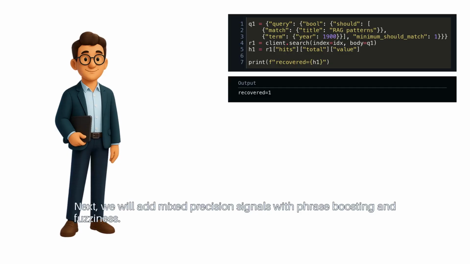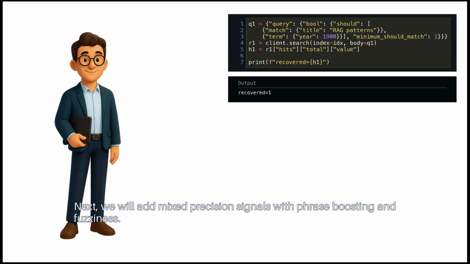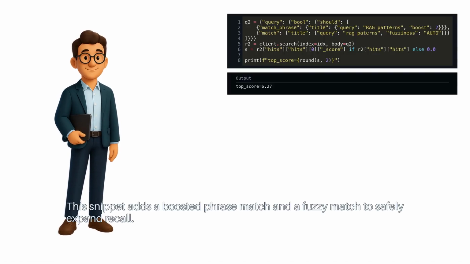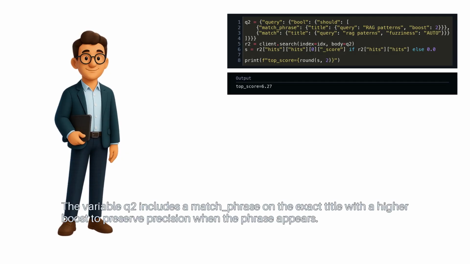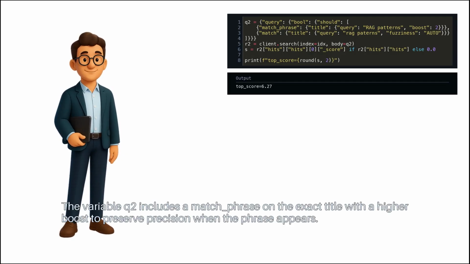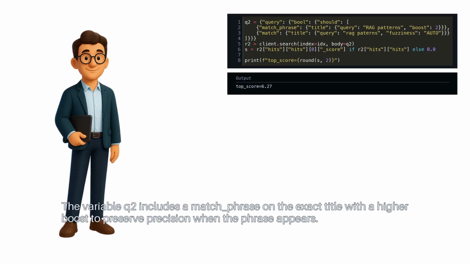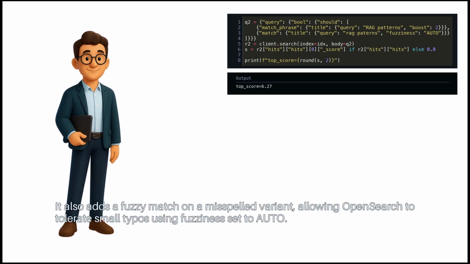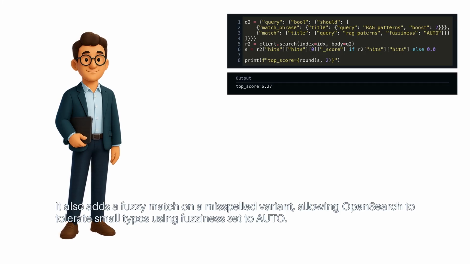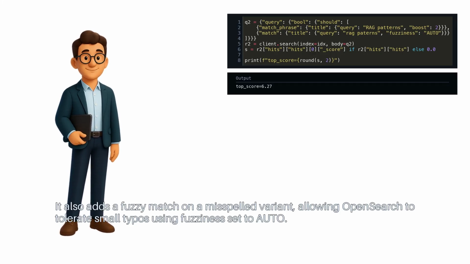Next, we will add mixed precision signals with phrase boosting and fuzziness. This snippet adds a boosted phrase match and a fuzzy match to safely expand recall. The variable Q2 includes a match phrase on the exact title with a higher boost to preserve precision when the phrase appears. It also adds a fuzzy match on a misspelled variant, allowing OpenSearch to tolerate small typos using fuzziness set to auto.